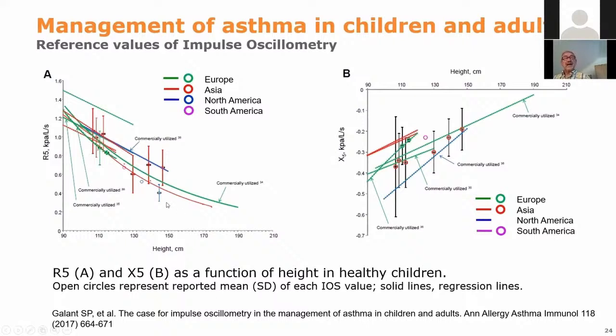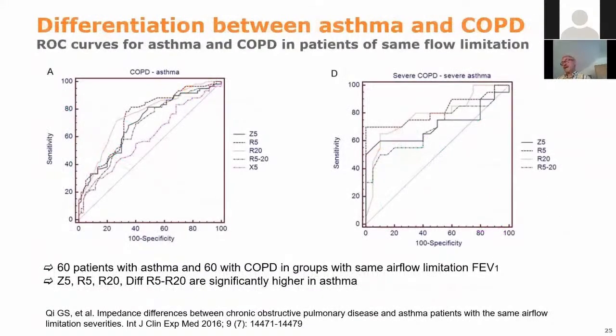And you see that there are a lot of predicted values available for European society or for Asian society, North America and South America, for resistance and also lung reactance. So the evaluation of the test results should be no problem, applying the correct predicted values which fit the country.